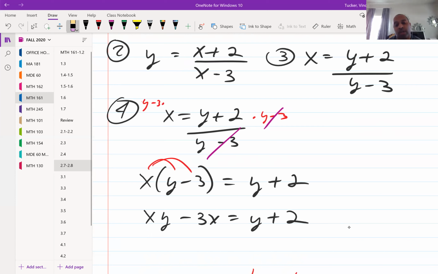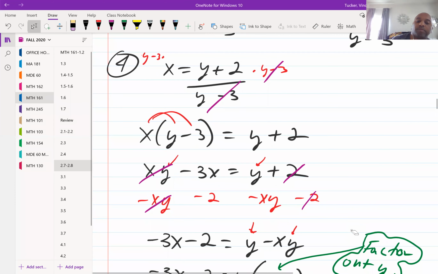Now your goal should be to get all of your terms with y on one side, and all of your terms without y on the other. I will go ahead and subtract xy from both sides and subtract 2 from both sides, so that I have each one of my y terms on this right side and each one of my terms without y on the left side.